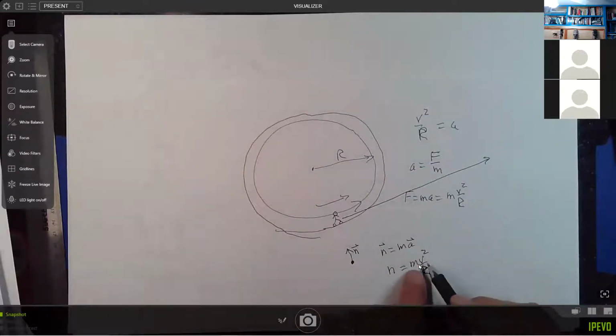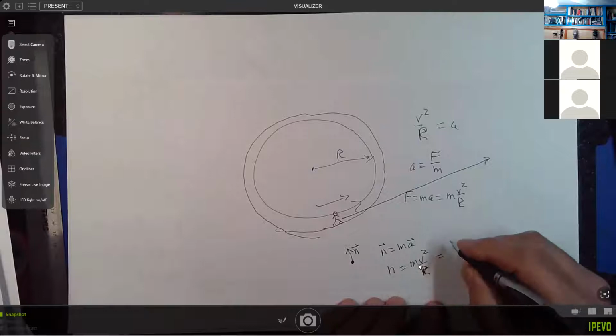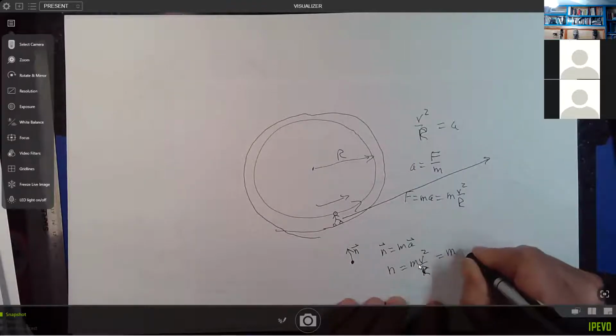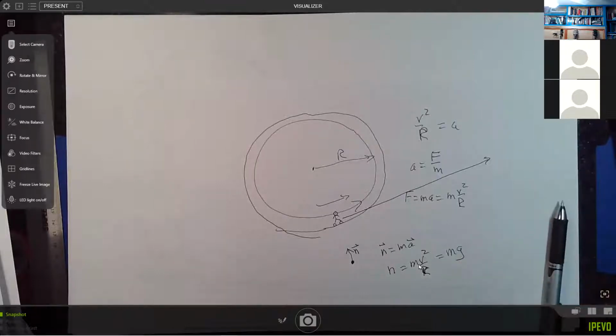So the higher their speed, the greater that normal force is going to be. And what they want the normal force to equal is the same acceleration that they would be experiencing on Earth, possibly. Sometimes they settle for smaller values than g, so they experience maybe 3/10 of a g or 4/10 of a g, something like that.